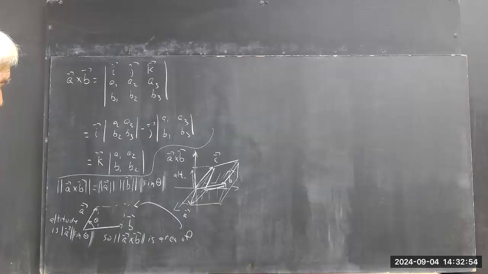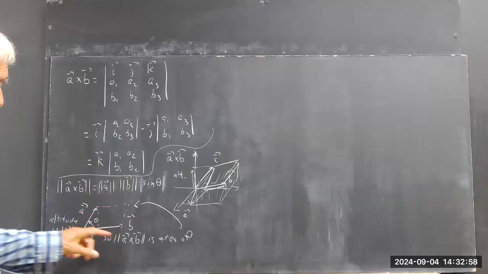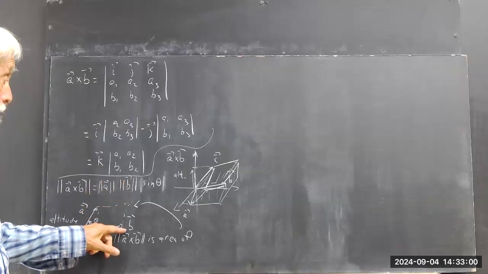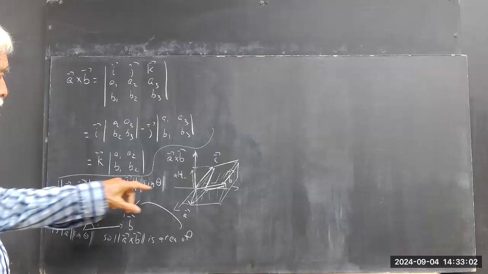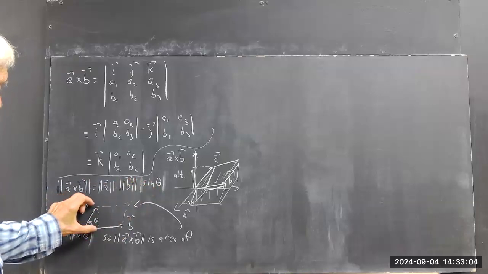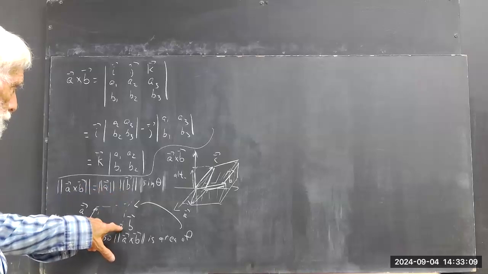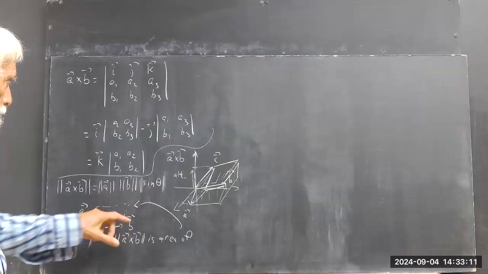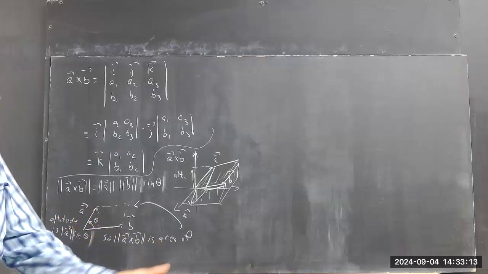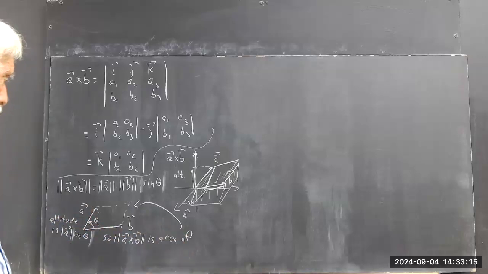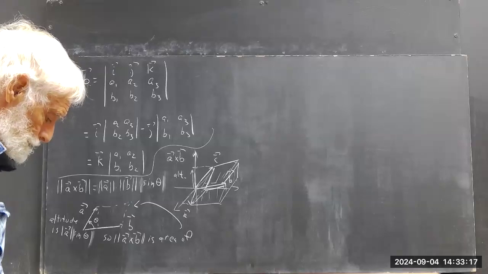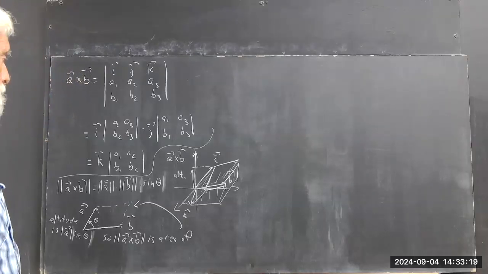So the magnitude of B is the length of the base, and the magnitude of A sine theta is the altitude. That's pretty neat, and make sure you really understand that because it often helps.